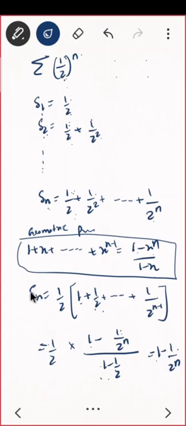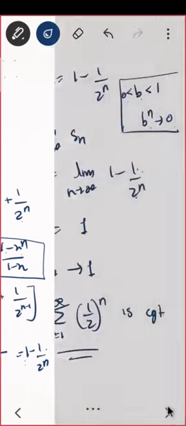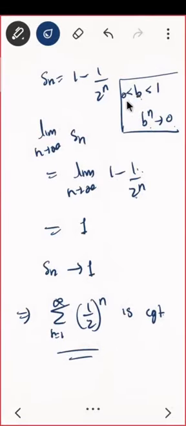Now can you tell me whether Sn is convergent or divergent? Sn is this, 1 minus 1 by 2 raised to n. 1 is a constant, so that is fine. This is 1 by 2 raised to n, and we studied something in sequences. If you remember the sequence chapter, the standard sequence: if your B is lying between 0 to 1, then B raised to n goes to 0.